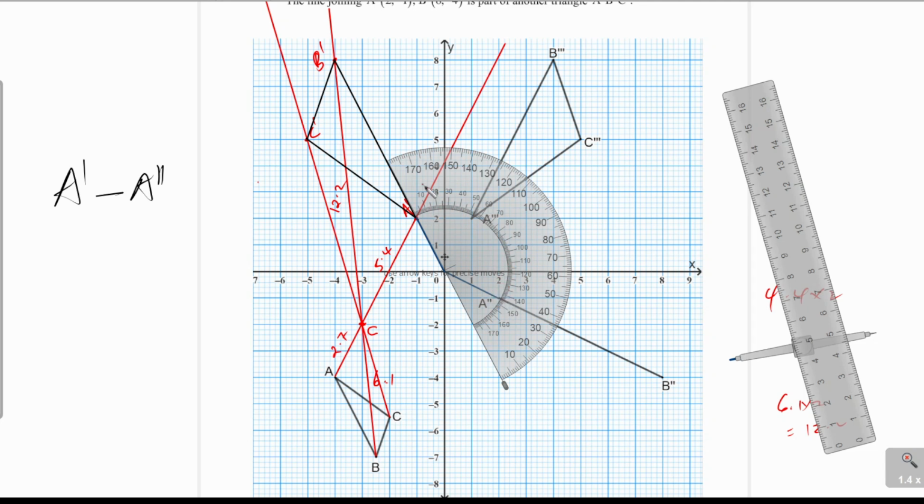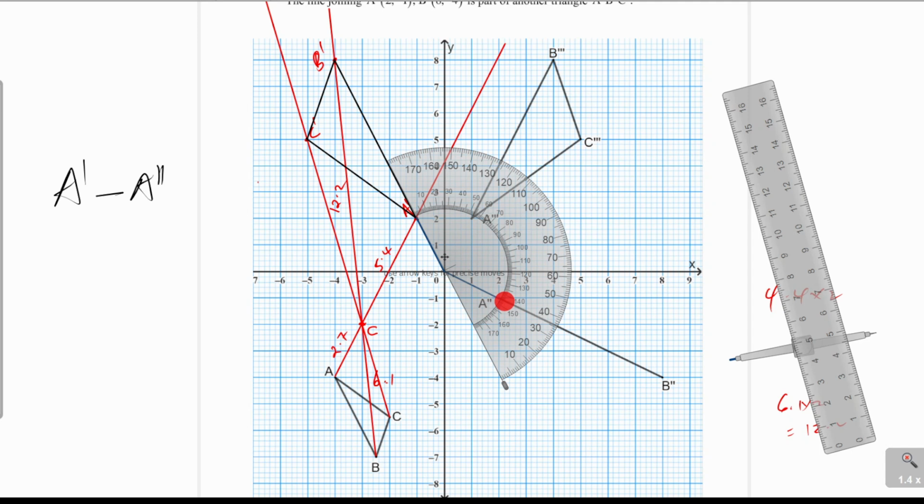So just read this angle. We're measuring it from here. So this is 0, 10, 20, like that. On 20 we have 130, 140, and then we have this here. So we can see this one will be 144.